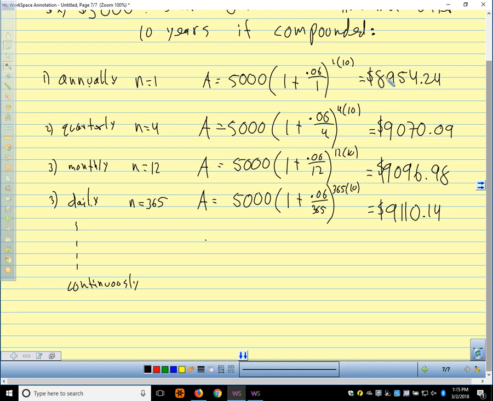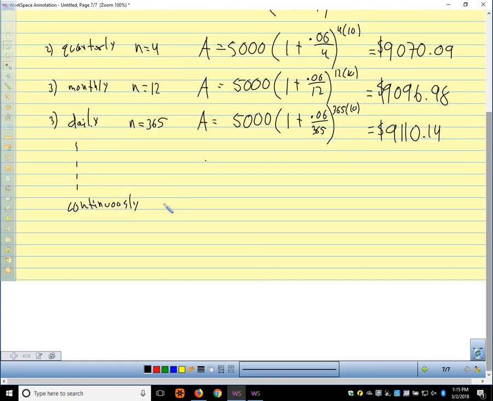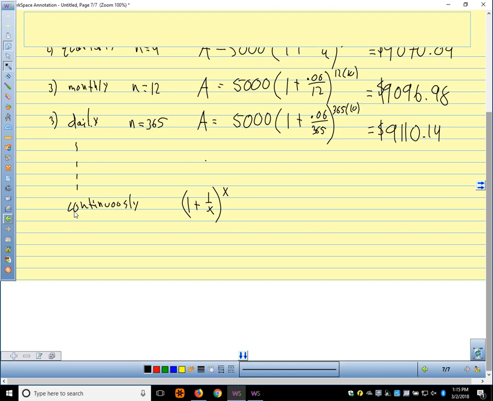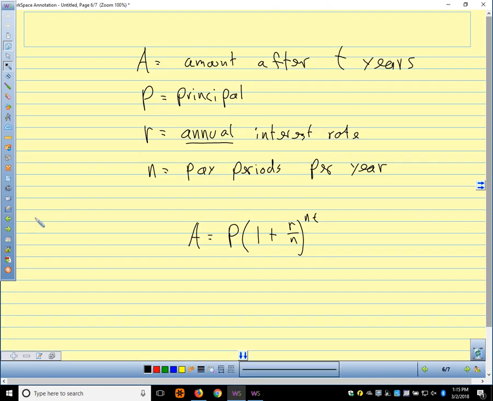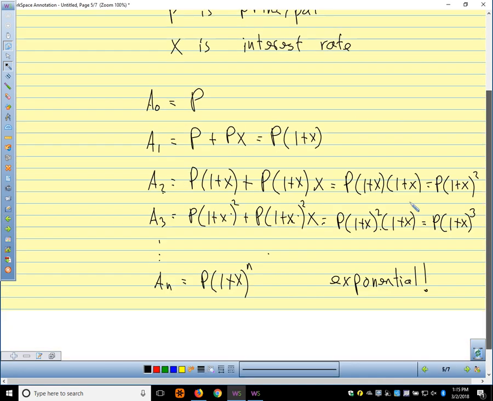So we see that the amount that we get grows, but not really fast. I'm going to take a little side note here and say that this quantity, 1 plus 1 over x, to the x power, is essentially what we had back here.